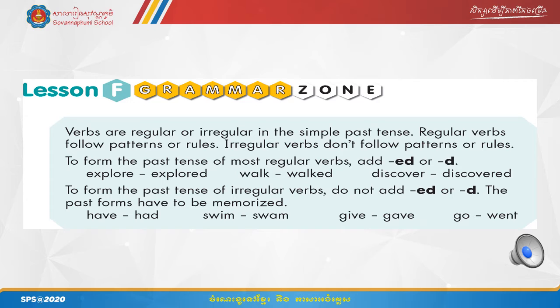To form the simple past tense of most regular verbs, add ed or d. Explore, explored. Walk, walked. Discover, discovered. To form the simple past tense of irregular verbs, do not add ed or d. The past forms have to be memorized. Have, had, swim, swam, give, gave, go, went.